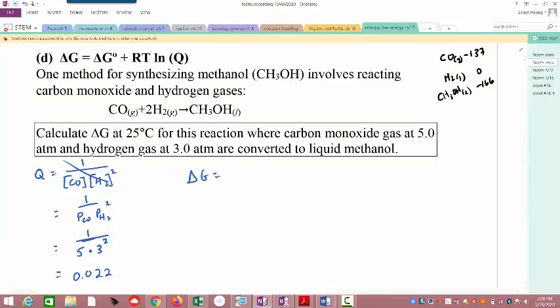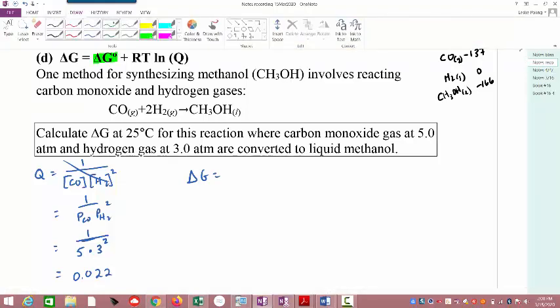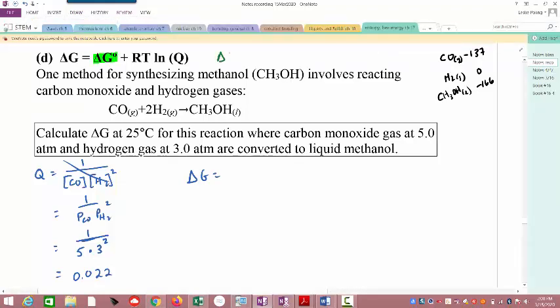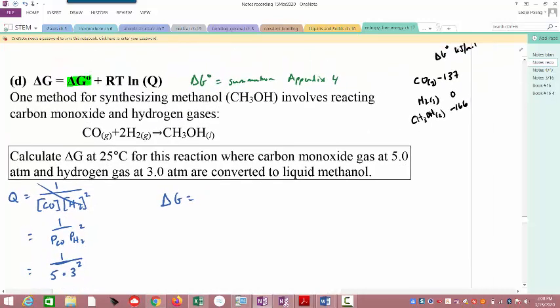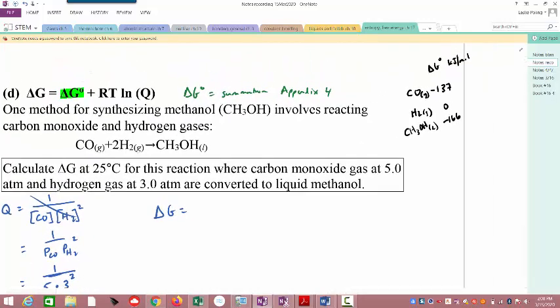Now, to get delta G at standard, delta G naught, we need to use the summation like we did earlier with data from Appendix 4. So I went and looked up the values from Appendix 4.